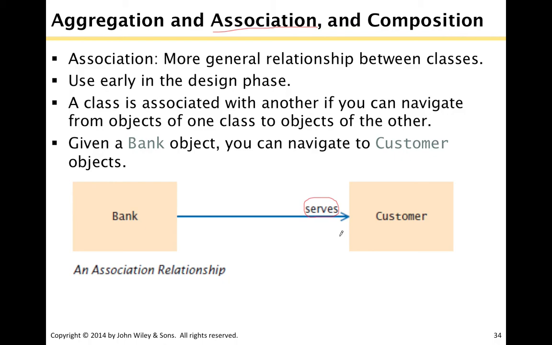So what it means is that association is just a general relationship under which we have specific relationships like dependency, and then we have aggregation, which is an ownership relationship, and then inheritance.